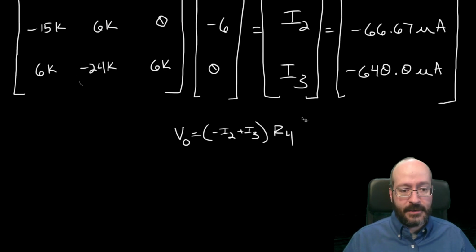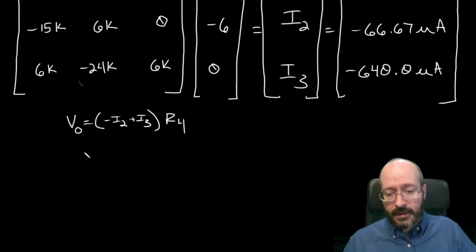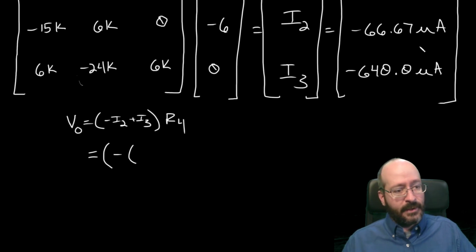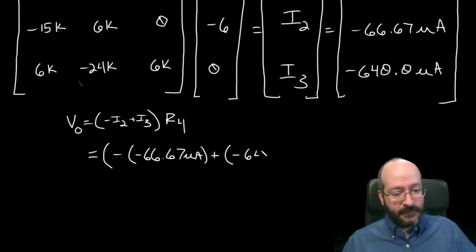Okay, so come down here, and there's our equation. Okay, V out is equal to negative, what's I2 here? Oh, we've got a negative in there, right? So we got to pull that negative sign in as well. Negative 66.67 microamps. And we're adding I3, so it's going to be plus a negative 640.